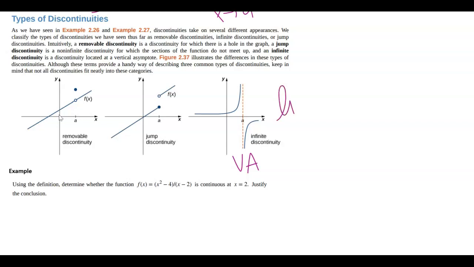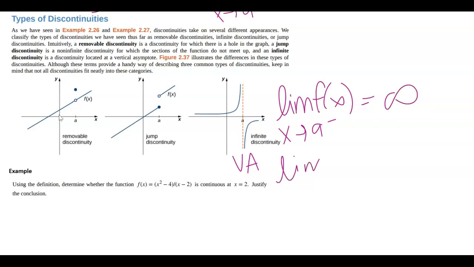In this last case, if I try to find the limit as x goes to a, this goes in different directions. From the left, I get positive or negative infinity. Then by definition, that is a vertical asymptote.